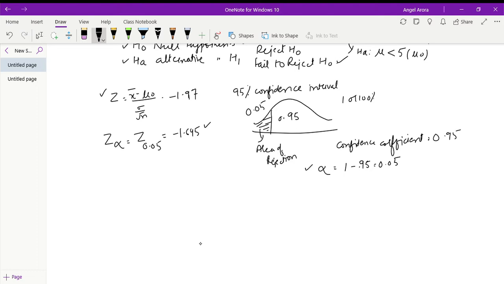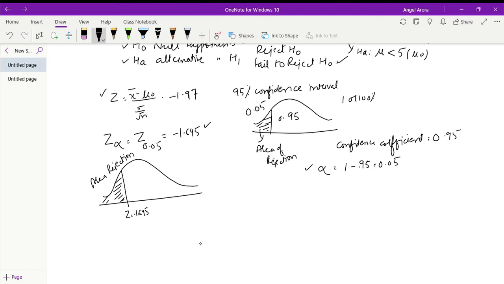But for now I am simply telling you that this value is minus 1.645. Suppose at this level z is minus 1.645. So this area will be the area of rejection.